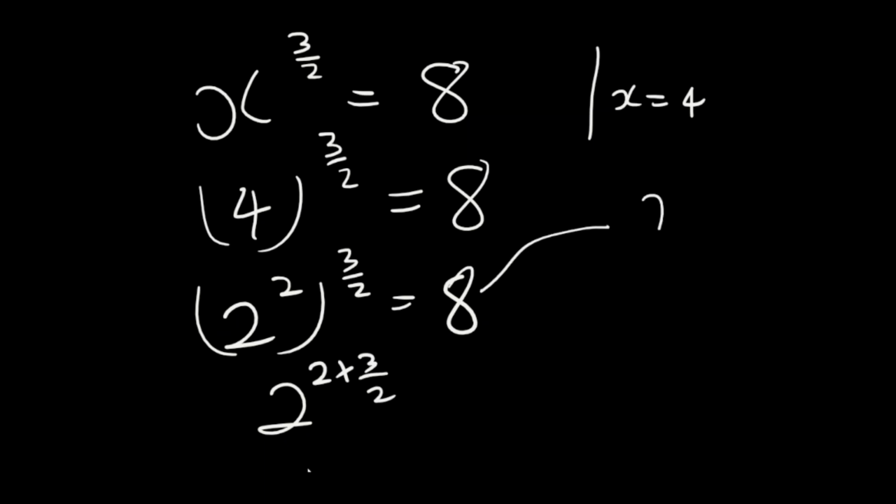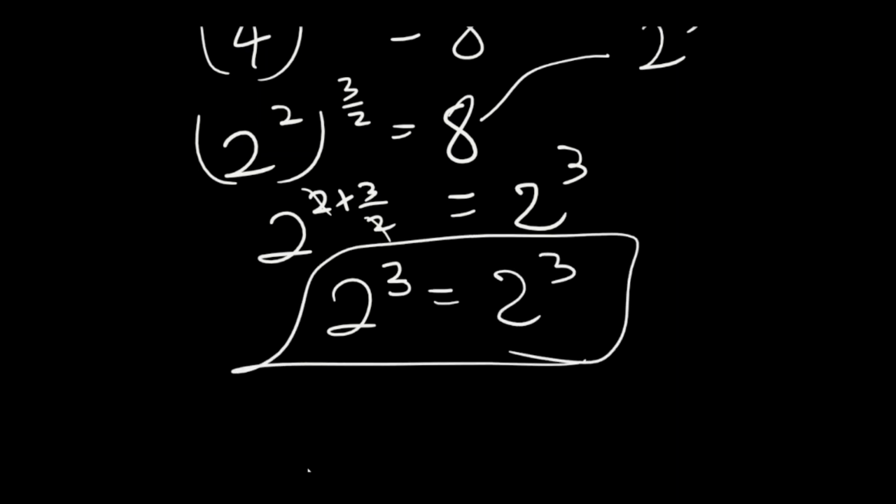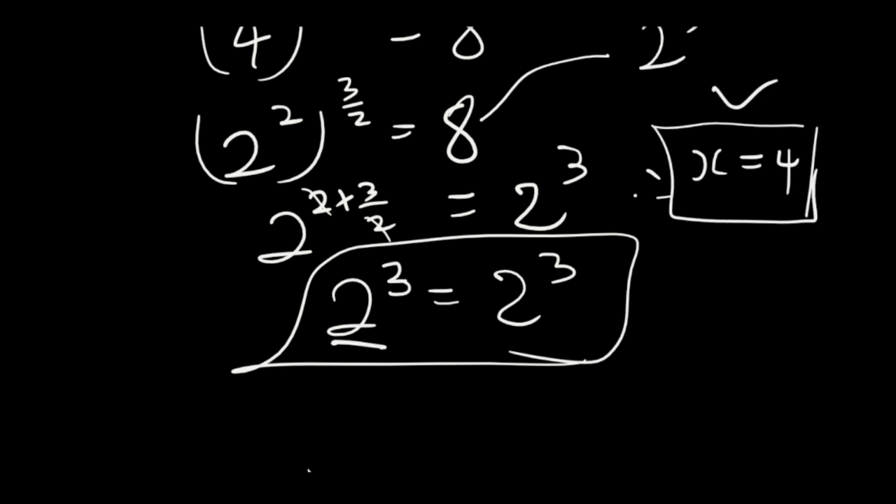We know 8 is actually 2 to the power of 3, so it's equal to 2 to the power of 3. Here this 2 divides out, so remaining 2 to the power of 3 is equal to 2 to the power of 3. So now you know that your x equals 4 is correct, because the left hand side is equal to the right hand side. Please do your checks every time.